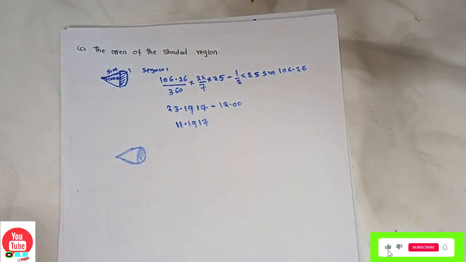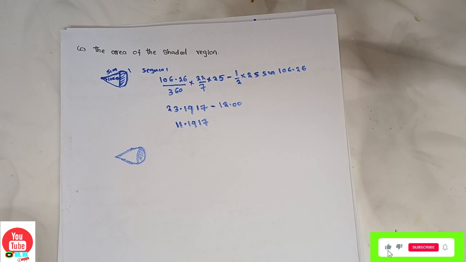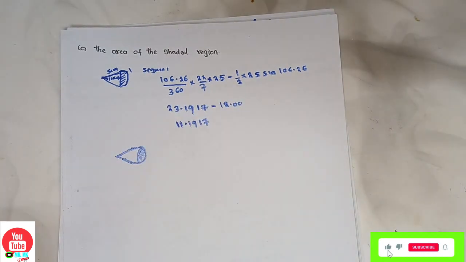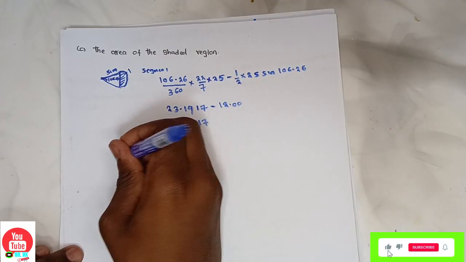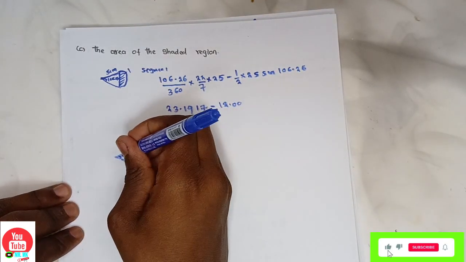That was the shaded part. I think this was the shaded region. Here we have segment 1. That was segment 2.